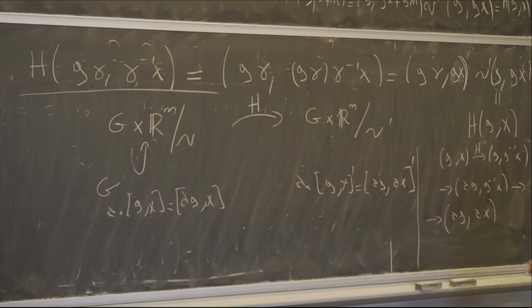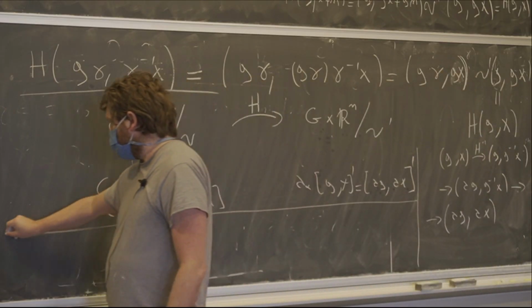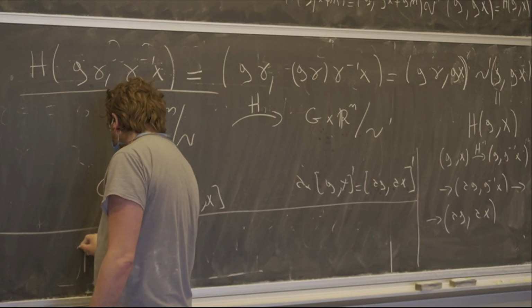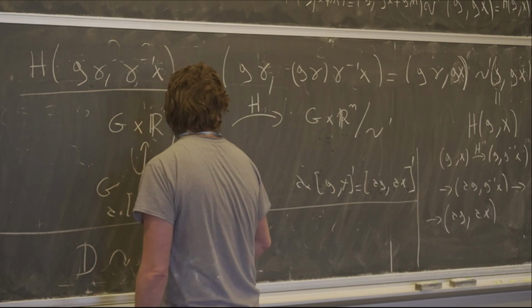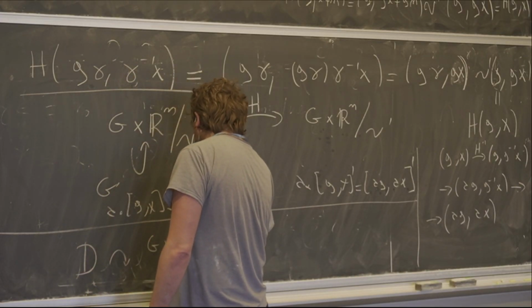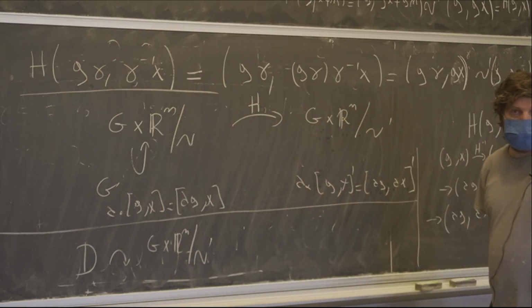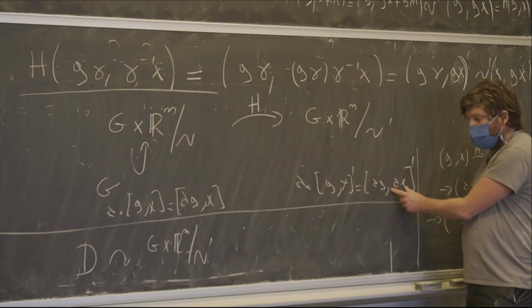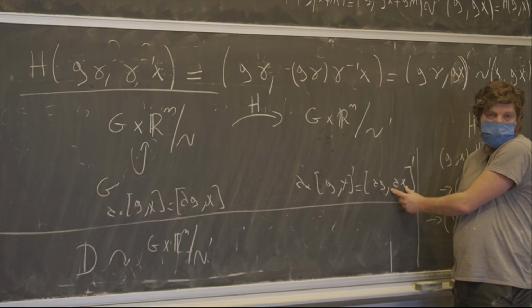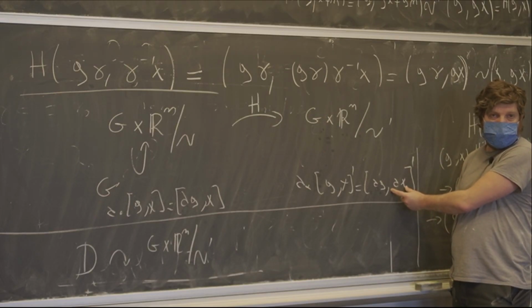Now it's not so hard to see what's happening when I look at the diagonal group acting in this G times Rn modulo the prime. Because in the second coordinate, it's just multiplying the diagonal matrix by x in Rn.